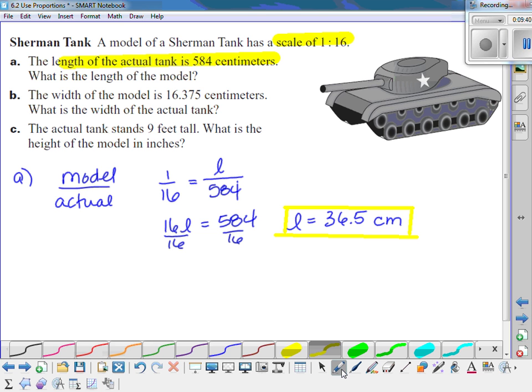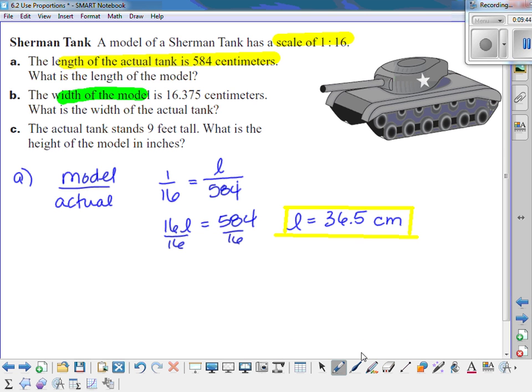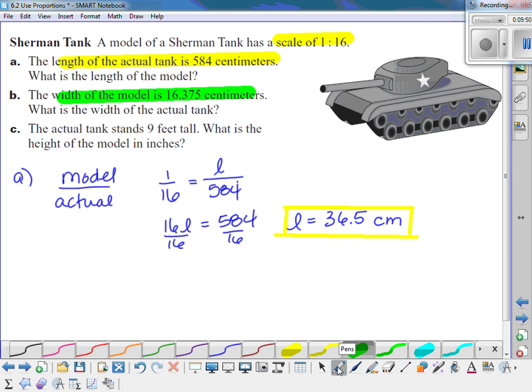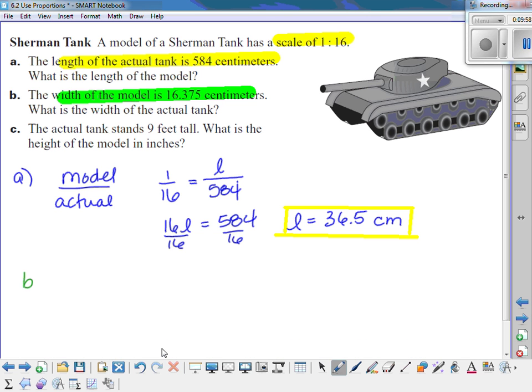All right, looking at letter B, it says the width of the model is 16.375, and they want to know the width of the actual. So this time they've given us the model instead of the actual. So we would expect the actual one to be larger than the model. So our answer should be larger than 16.375. All right, so again, my ratio is the model over the actual, 1 over 16.